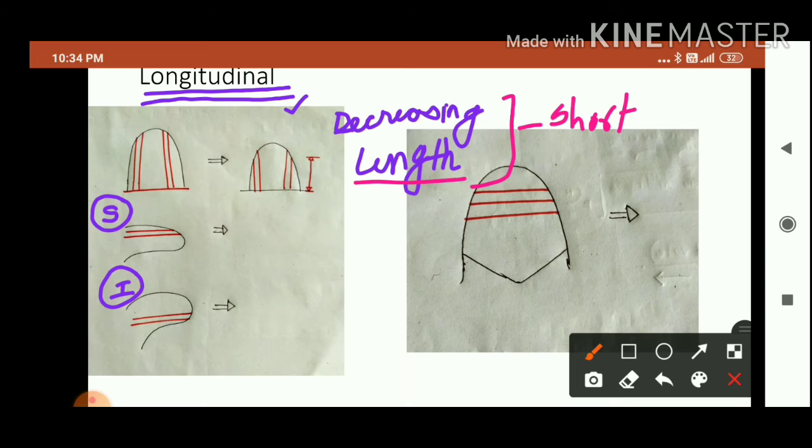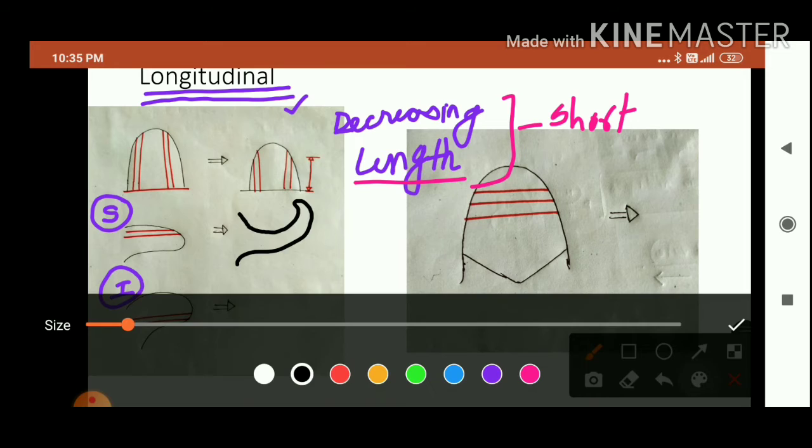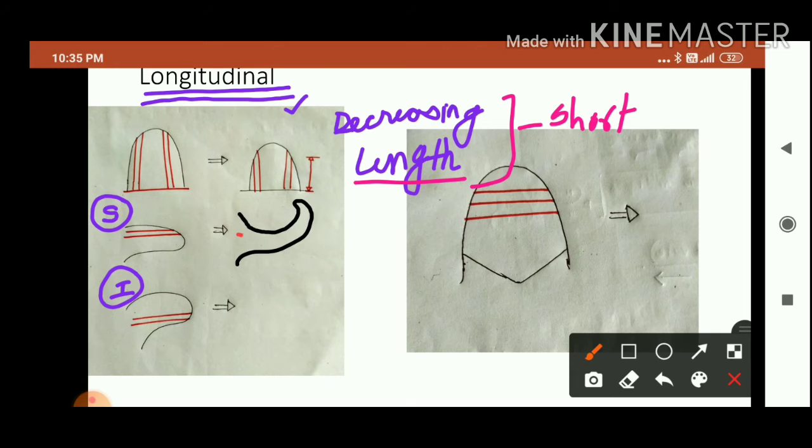What will be the impact of contraction of the superior and inferior longitudinal muscles on the shape of the tongue? You have to visualize it on your own. If the superior longitudinal muscle contracts, it will make the superior surface of the tongue concave, so it will be like this, along with shortening the length of the tongue.